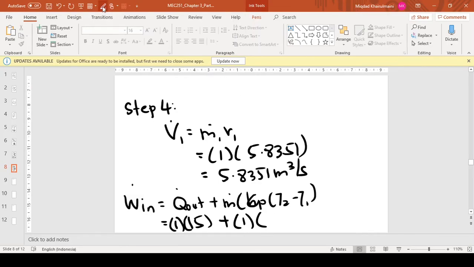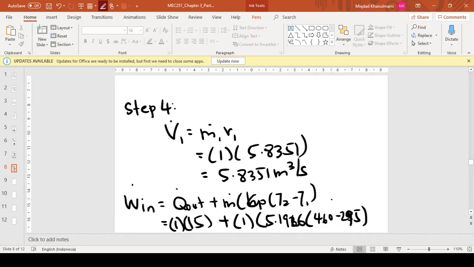Change in temperature is 460 minus 295. Let me calculate it here.